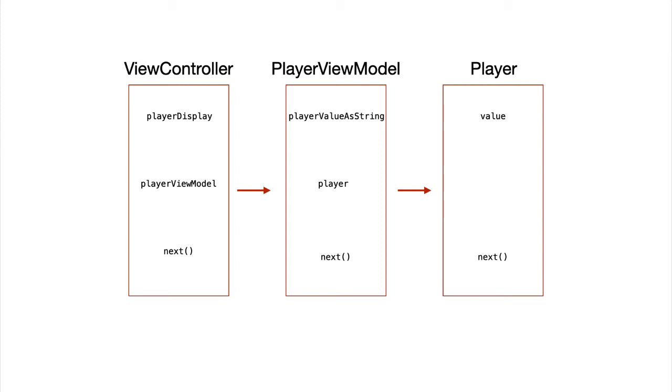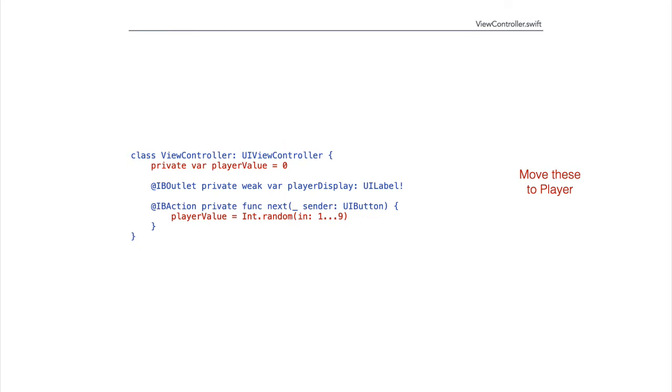So the view controller owns the player view model, and the player view model owns the player. When you tap next in the view controller, it turns to the player view model and says next, and the player view model turns to the player and says next. Hopefully, next will change the value of the player, and when that value changes, that change needs to be communicated back up the stack.